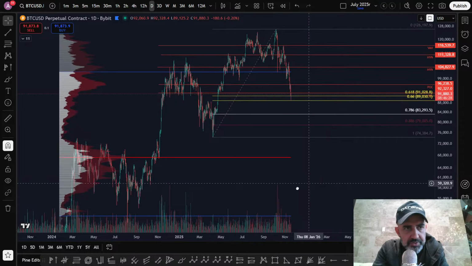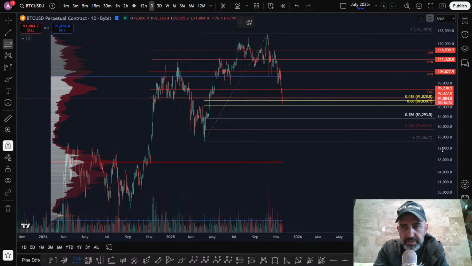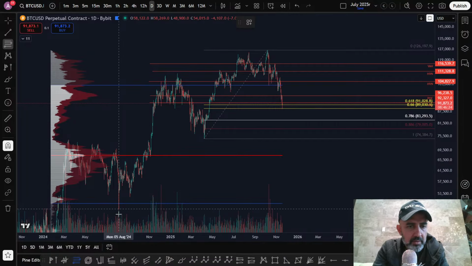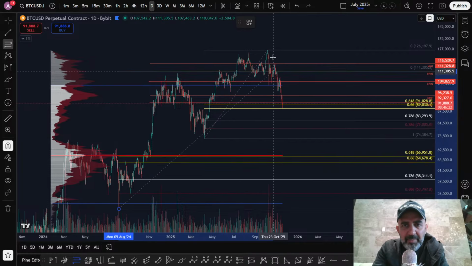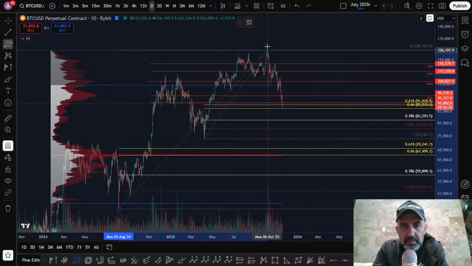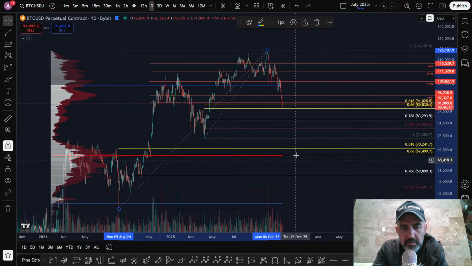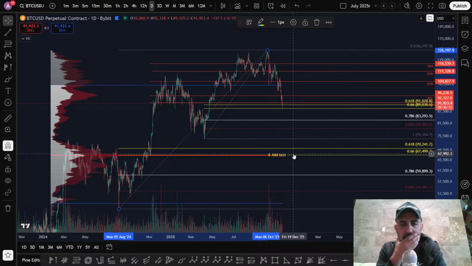And what I'm also going to do is draw a much higher time frame fib pull from that pivot low to the all-time high. 69k, huh? 69k. Really strong support. Wow.